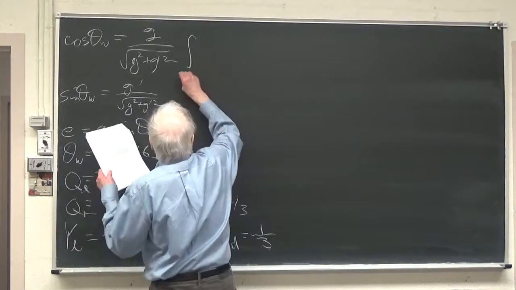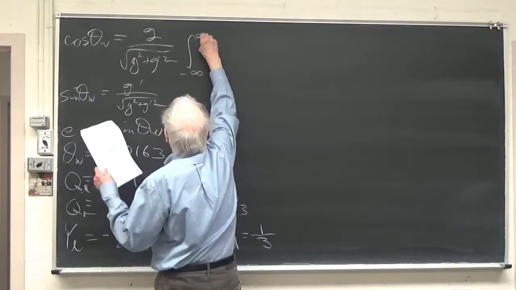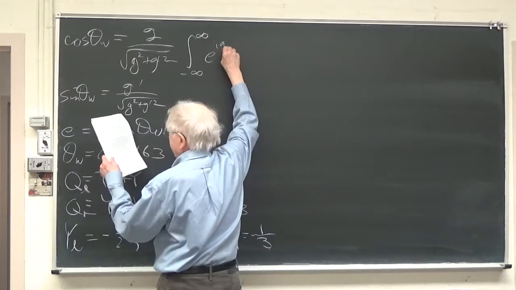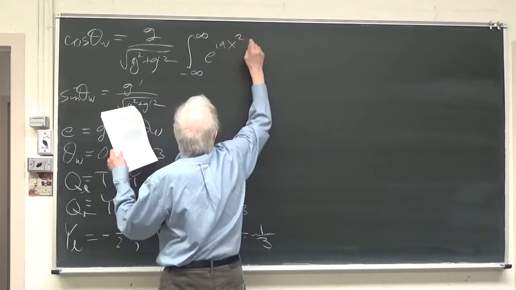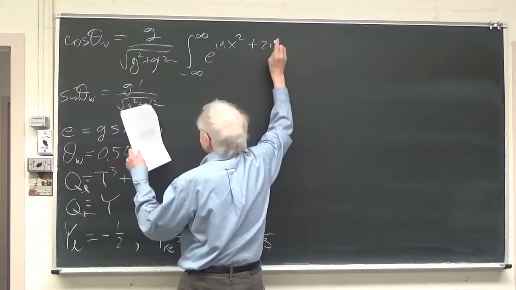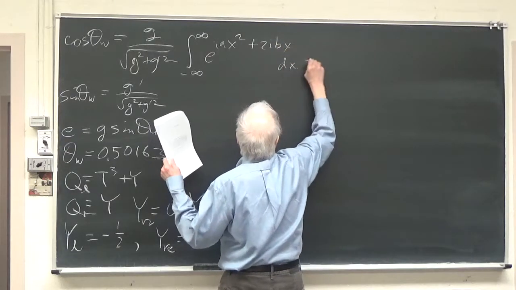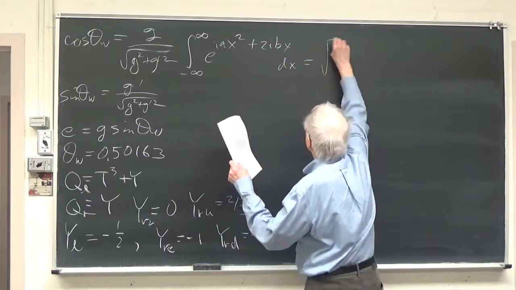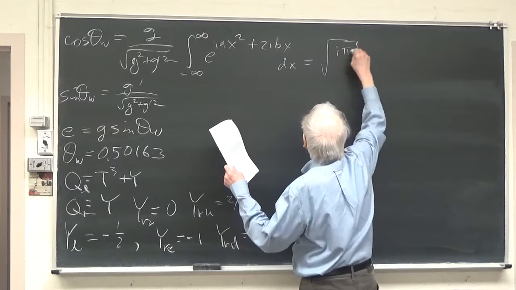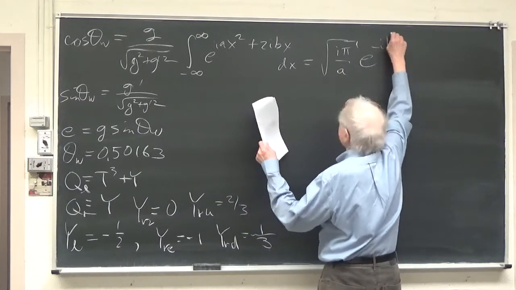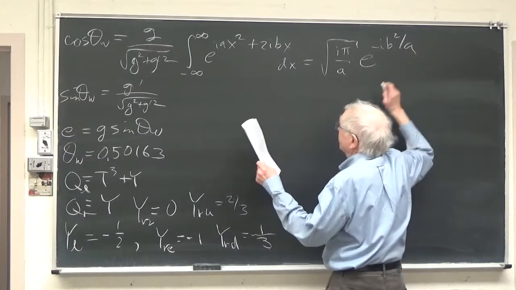Of course, you already know about Gaussian integration. So the basic integral is the integral of e to the i a x squared plus 2i b x dx, which is equal to square root of i pi over a times e to the minus i b squared over a.